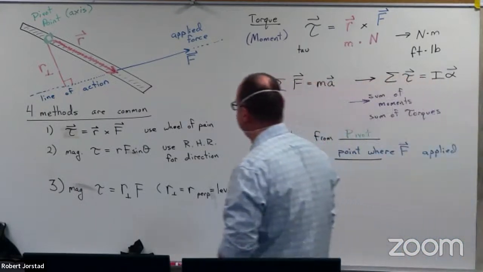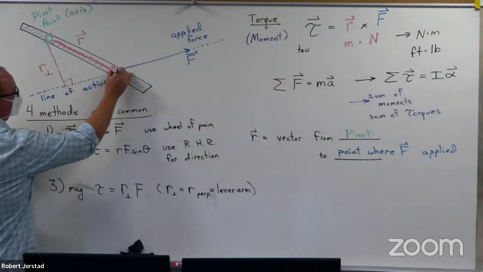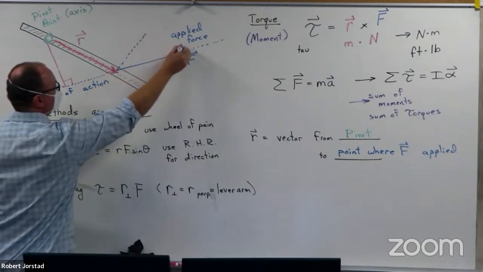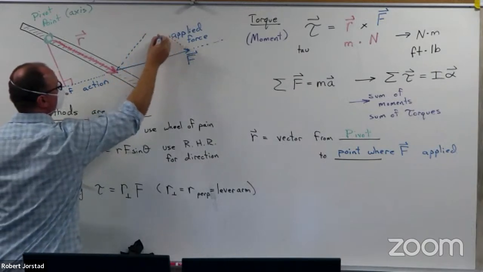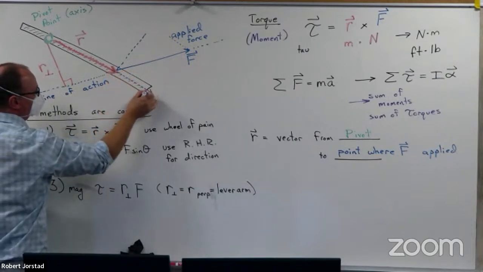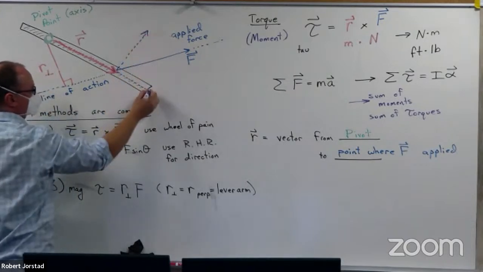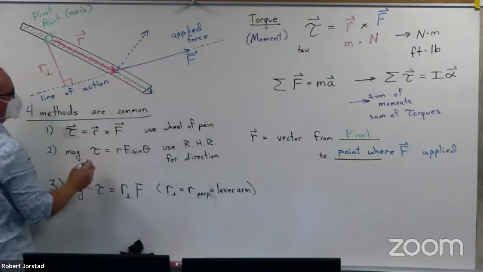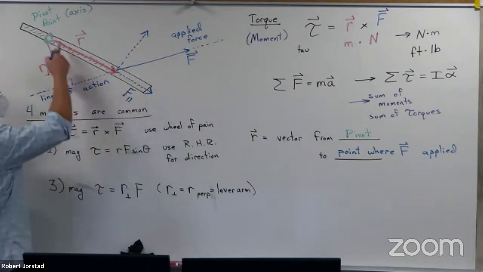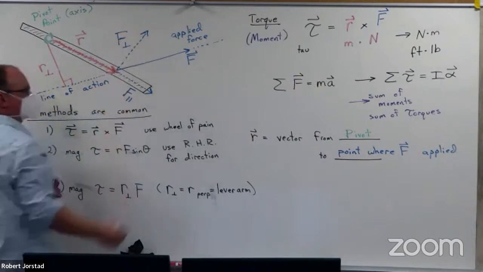Or, I know this is going to seem a little crazy here. Actually, I'm going to draw this way now. Typically, in this portion of the class, we draw our force components a little bit differently. This would be a force parallel, and this would be a force perpendicular.